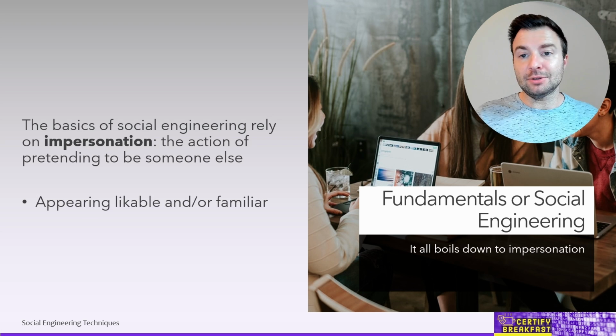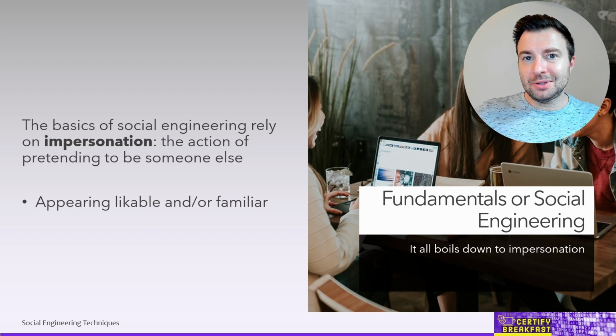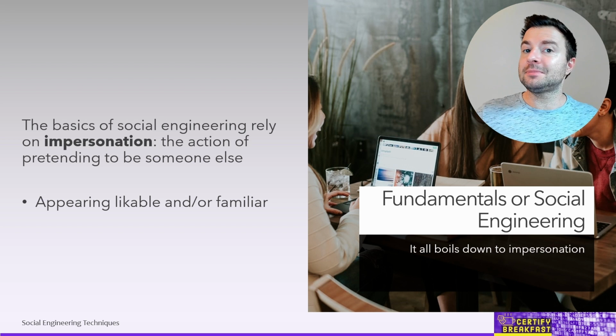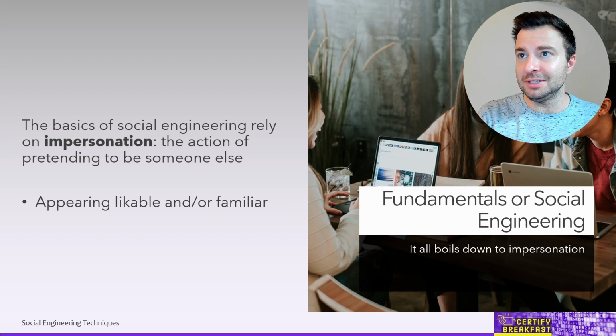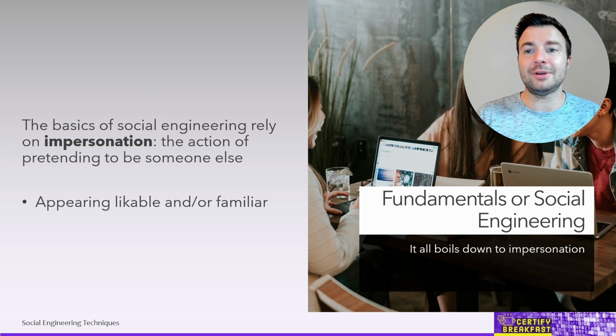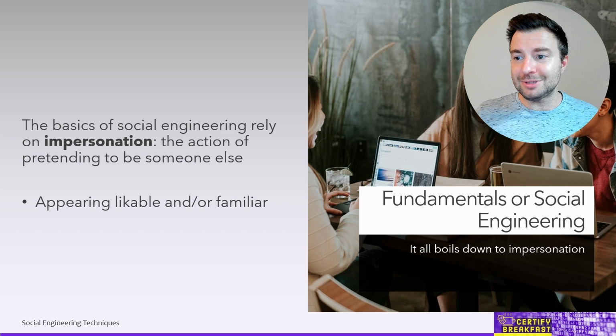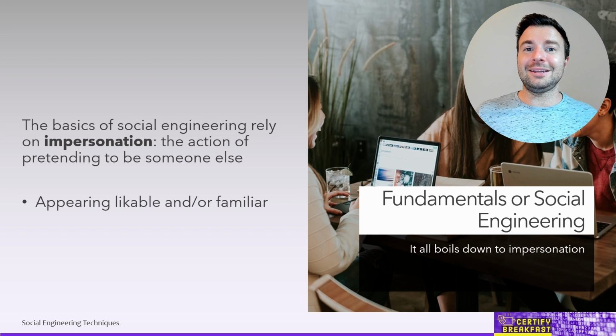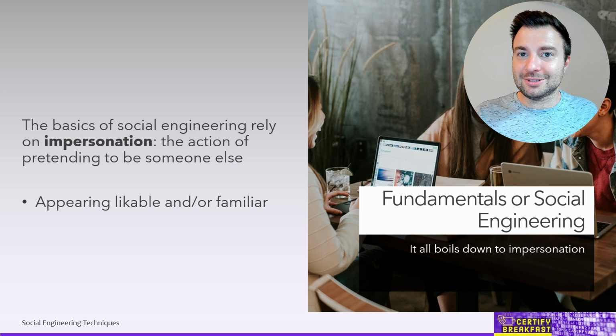And on the basis of impersonation, you could rely on the fact that people who appear to be likable, to be familiar, have better chances of convincing other people to do stuff for them. I mean, if you ask nicely, if you look like you would be very grateful if you would receive help, a lot of people might offer themselves to help you out, to enter the building, maybe to set up your email account, or any other security-related tasks such as those.